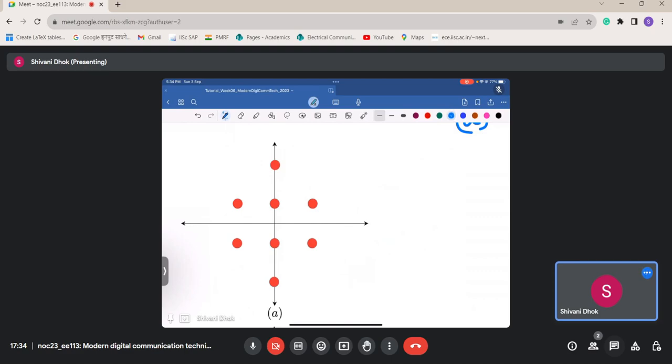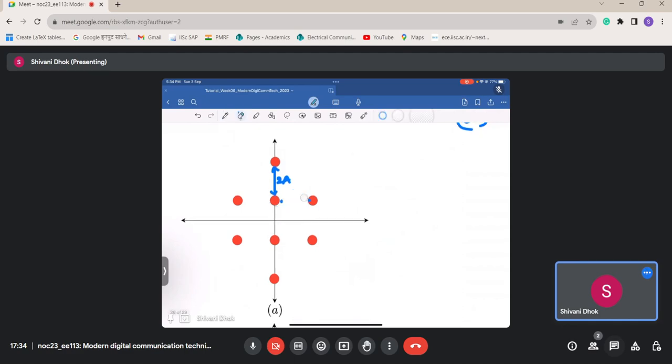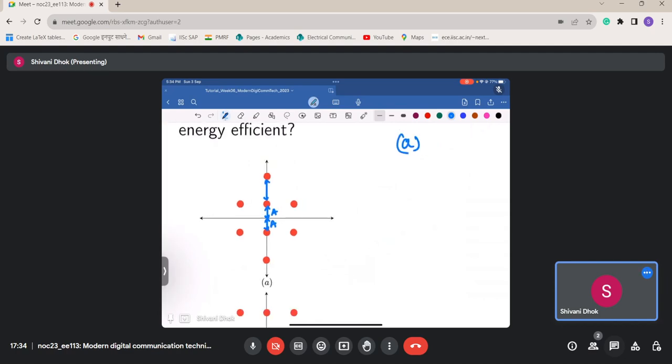What we have been given is that adjacent points are separated by 2a distance. This we know. So if we know that, then this will also be 2a, which means this distance will be a, and this distance will be a. Similarly we know that this distance is 2a.